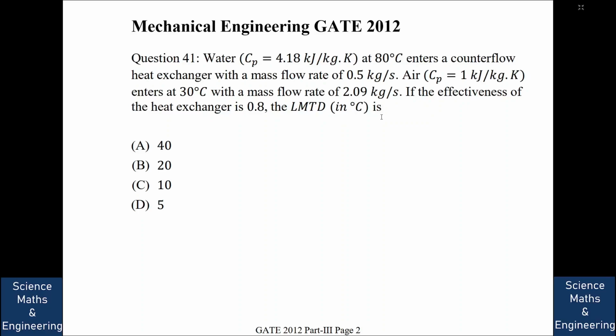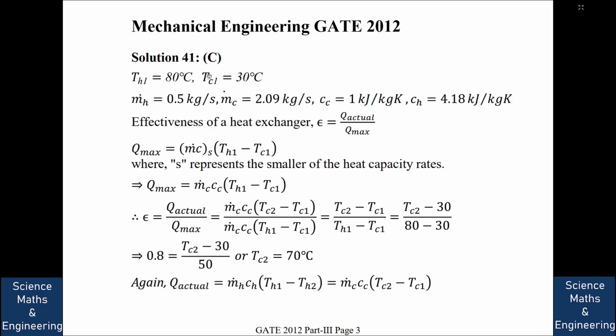So this is a counterflow heat exchanger. We need to find out the log mean temperature difference. Hot water enters at 80 degrees centigrade, cold air enters at 30 degrees centigrade. The mass flow rate of hot water is given as 0.5 kg per second and the mass flow rate of cold air is 2.09 kg per second.